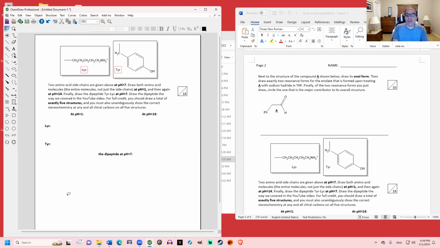So I'm giving the 2 side chains of the amino acids. And it says to draw first both amino acid molecules at pH 1, pH 7, and pH 14. These are the 2 side chains. So let me make a little more room.